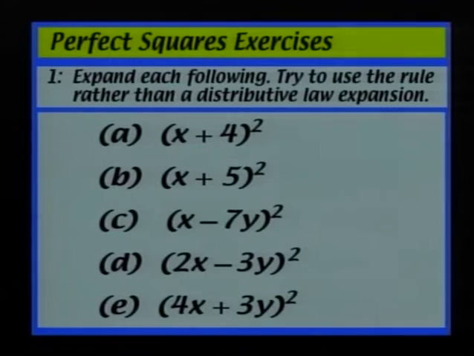X squared plus 10x plus 25. Good. Letter C, Rita. X squared minus 14xy plus 49y squared. Good. Letter D. 4x squared minus 12xy plus 9y squared. Good. And letter E, 16x squared plus 24xy plus 9y squared.